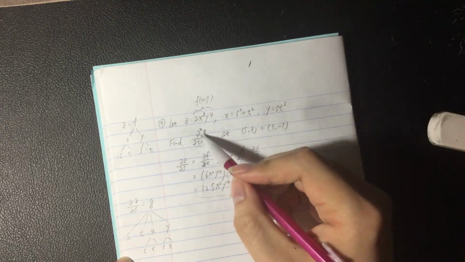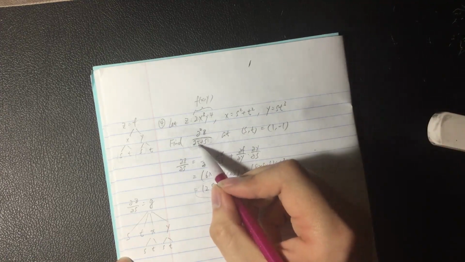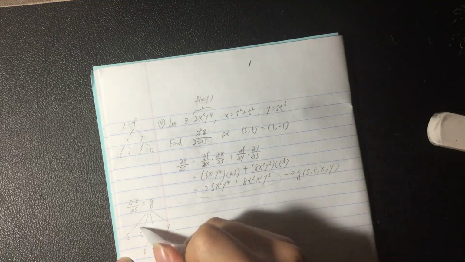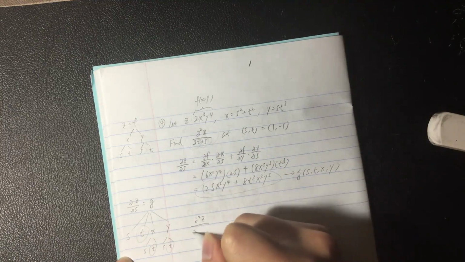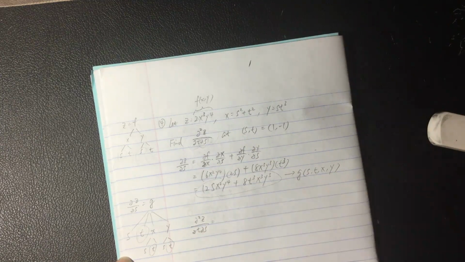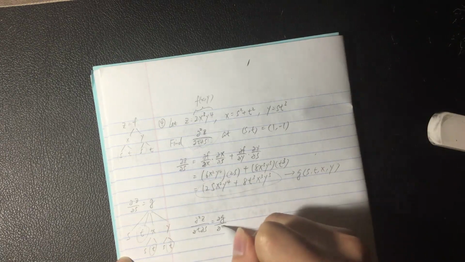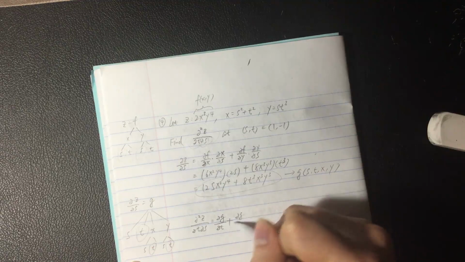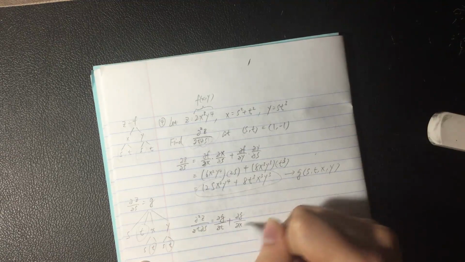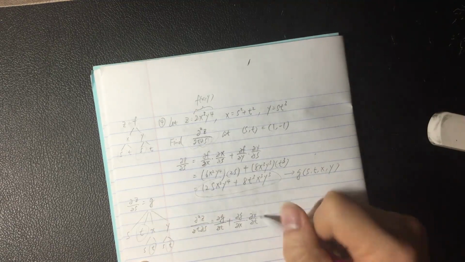We are taking the second derivative with respect to t. There are 3 branches of t. So this delta squared z over delta t delta x can be rewritten as delta g over delta t, that's the first branch, plus delta g over delta x times delta x over delta t, that's the second branch.